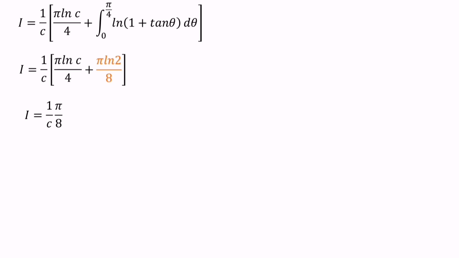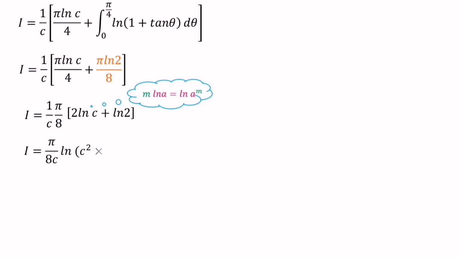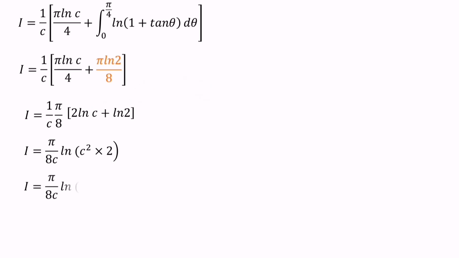Then within brackets we can write 2 ln c plus ln 2. 2 ln c we can write as ln c squared. ln c squared plus ln 2 we can write as ln c squared times 2. Then we have the final answer: pi over 8c into ln 2c squared.